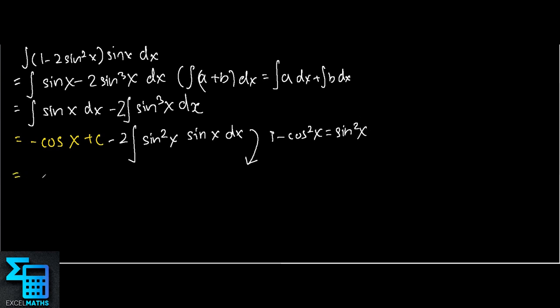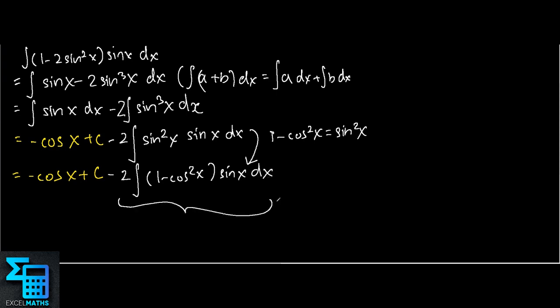Okay, so I try to keep the yellow portion as the one that is done, while the white portion is the one that we have not done yet. So we convert the sine square x into 1 minus cosine square x sine x dx. Okay, and then we're going to work out this integral component.